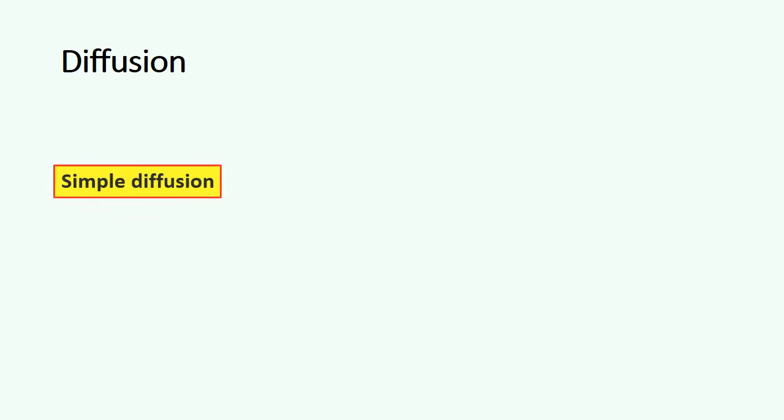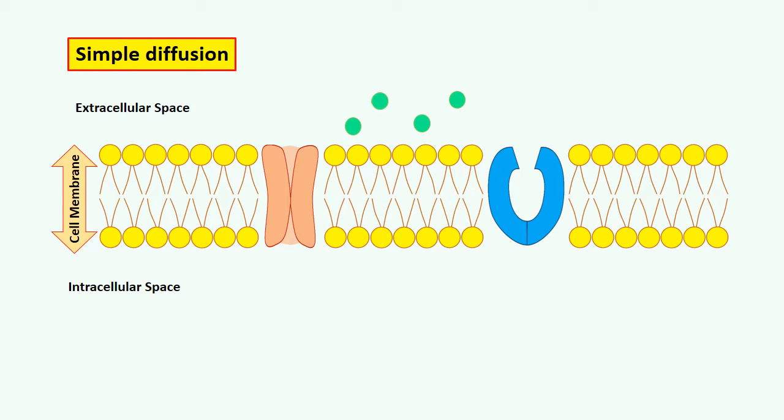Simple diffusion and facilitated diffusion are two main types of diffusion by which molecules can cross the cell membranes. The movement of molecules through the lipid bilayer of the cell membrane is done by simple diffusion.